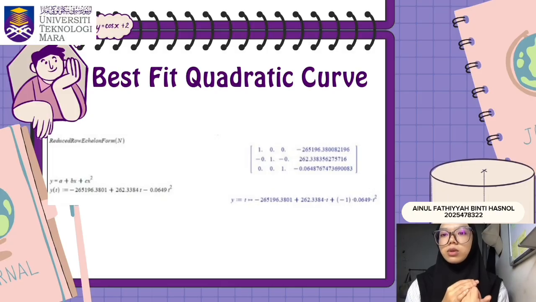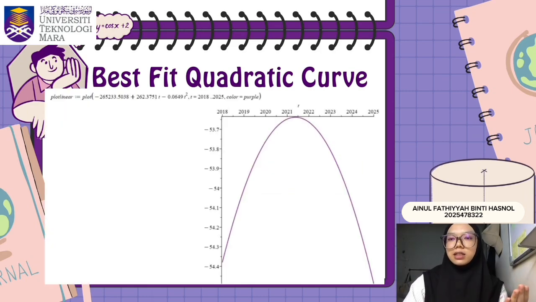A equals 265,196.38 and B equals 262.34 and C equals negative 0.0649. And therefore, the final equation is shown.